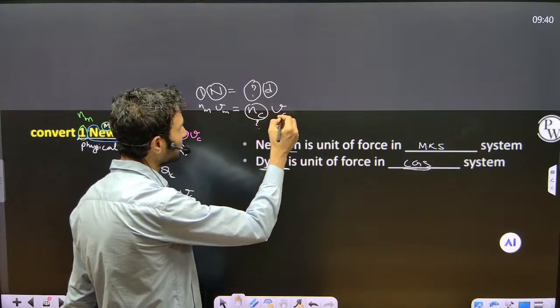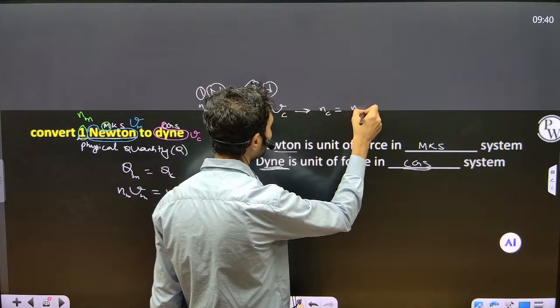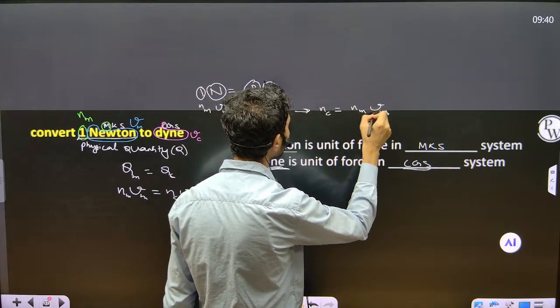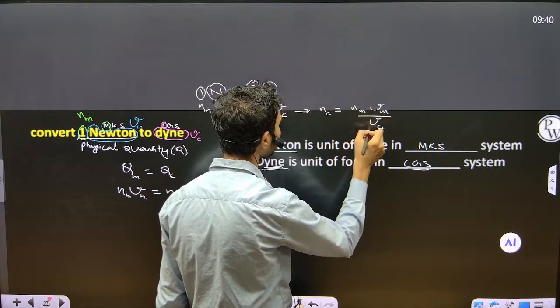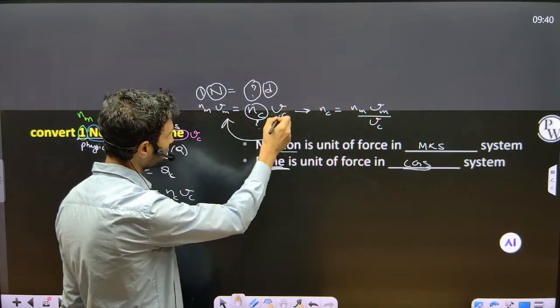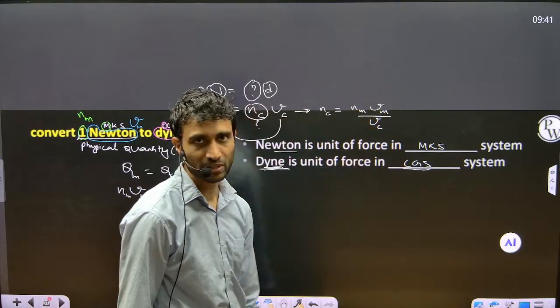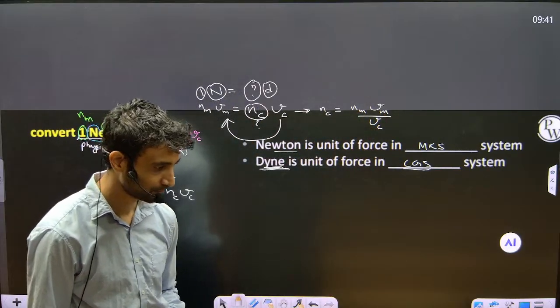So that can be written as what? Number written in CGS is nothing but number written in MKS times unit written in MKS divided by unit written in CGS. You see what I did? No magic. I just put UC on the other side, and I got NC is equal to NM times UM divided by UC. I hope it's clear to everybody what I did here.